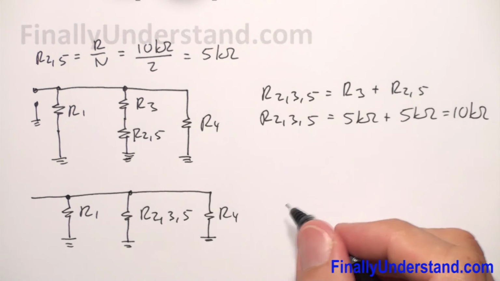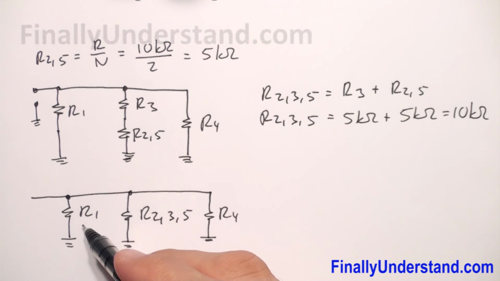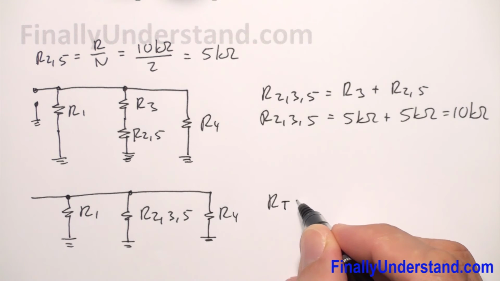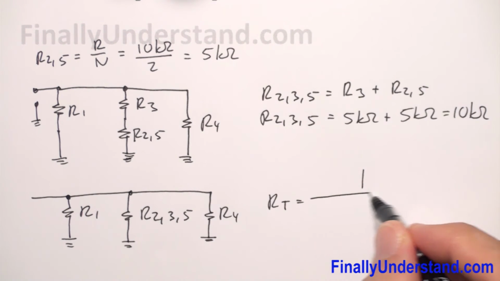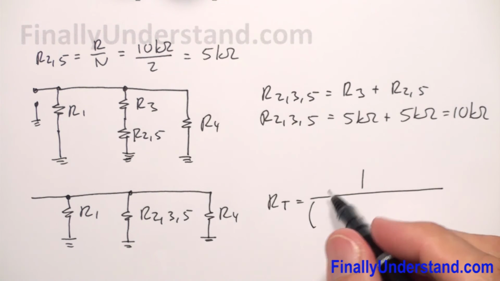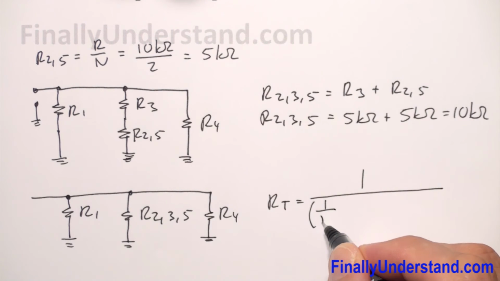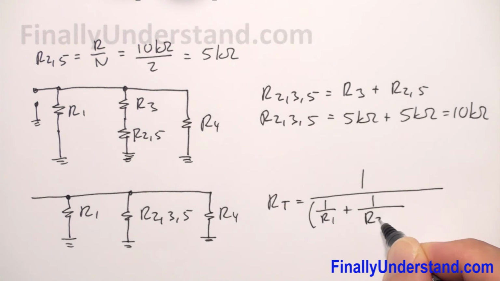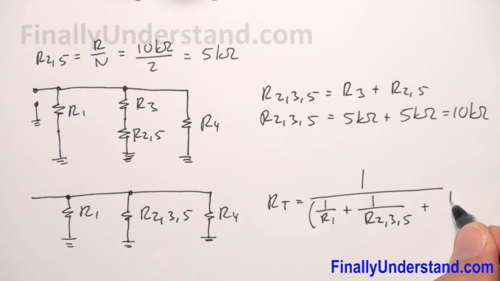If they're in parallel and there are three of them, I'm going to simply write that R total equals, I'm going to use this formula, 1 over R1 plus 1 over R2,3,5 plus 1 over R4.